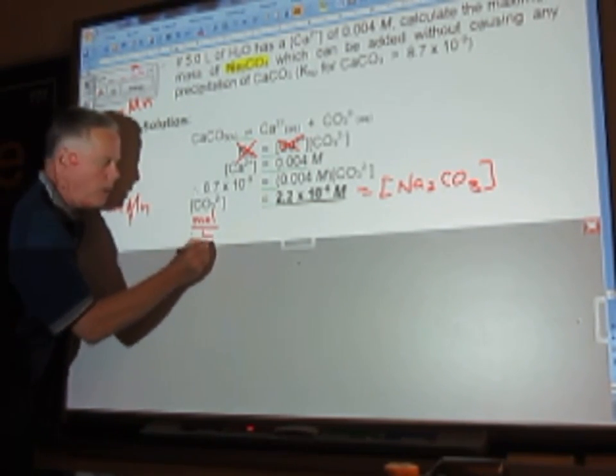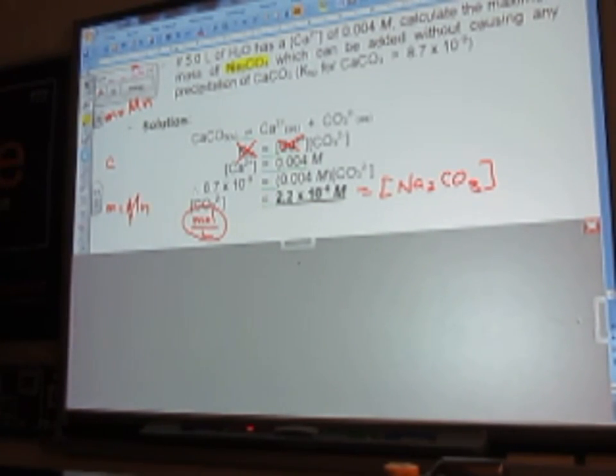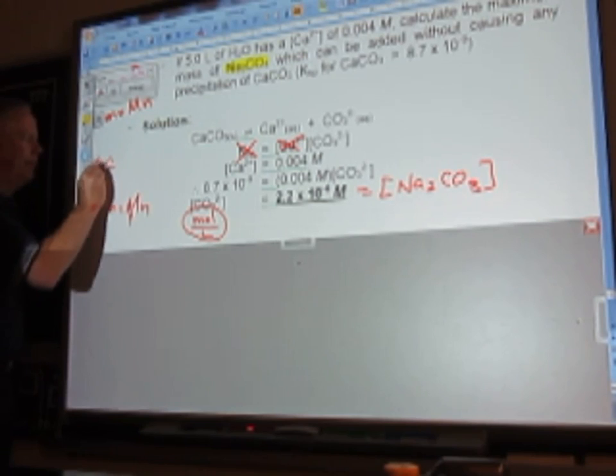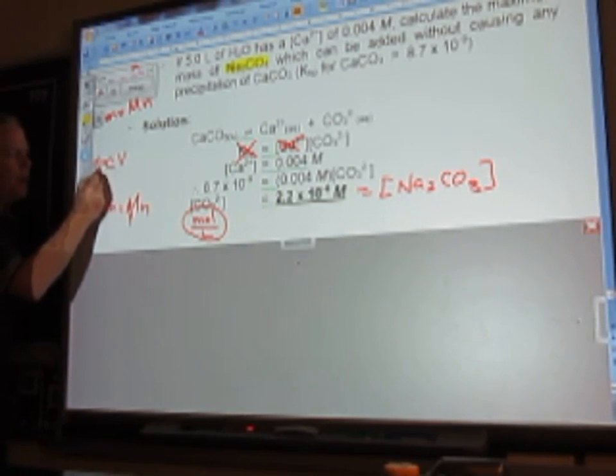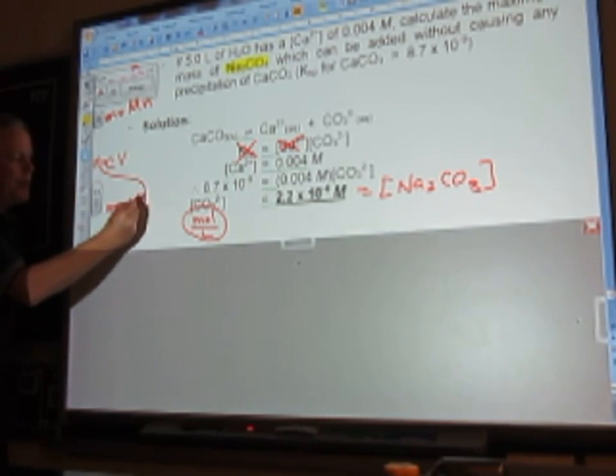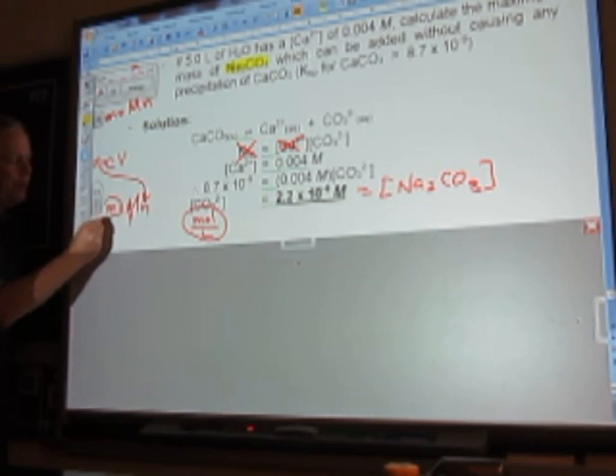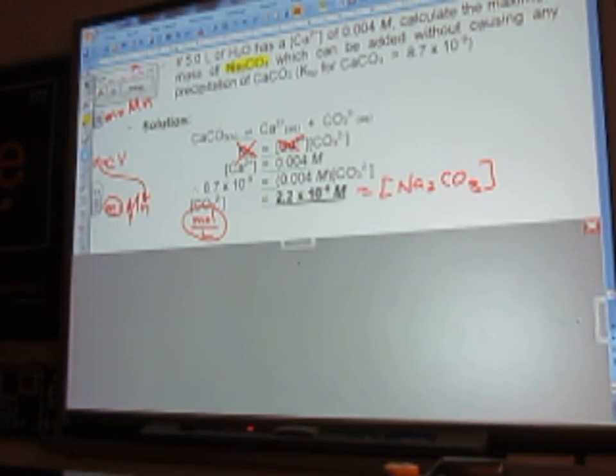Well, all I've got is concentration in moles per liter. How do I find number of moles? Number of moles would be concentration times the volume, that I can then put in there to find mass. Right off the grade 11 exam.